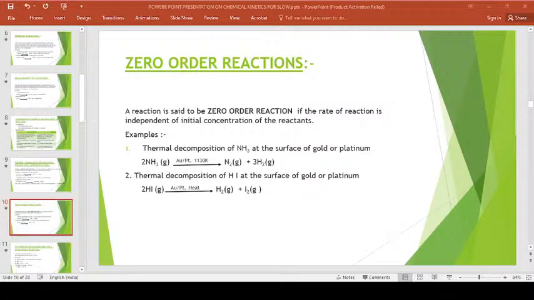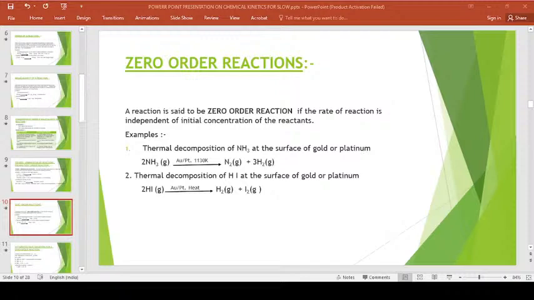Now after that you will be getting R equal to minus KT plus R naught. So this implies K equal to 1 by T whole into R naught minus R. Let it be equation number 4. This equation number 4 is the required integrated rate equation for a zero order reaction.